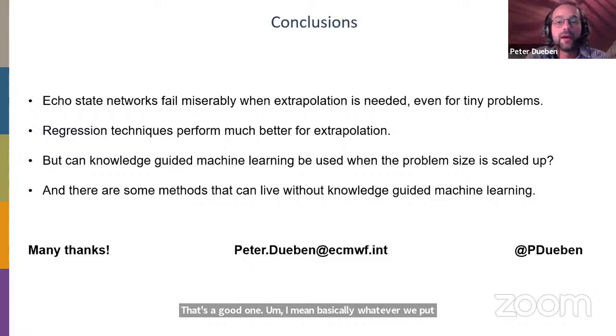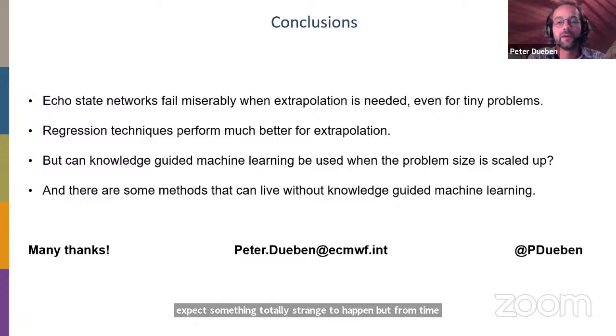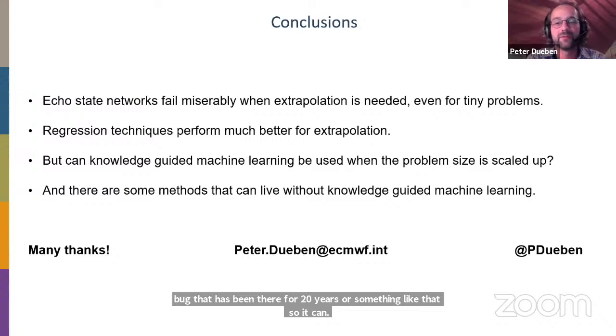We will have hundreds of forecasts run before we actually put something into operations. So it's not that we expect something totally strange to happen, but from time to time it does. From time to time a model can crash, and we find a bug that has been there for 20 odd years or something like this. So weird things can happen in chaotic systems of this dimensionality.